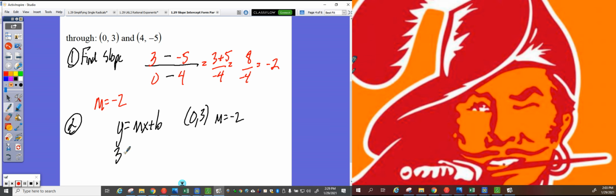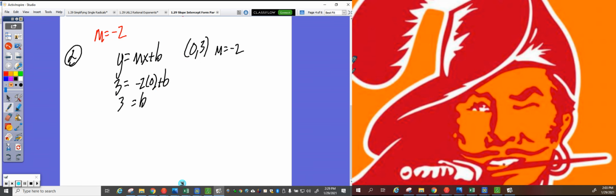So 3 equals -2 times 0 plus b. -2 times 0 is 0. 0 plus b is b, so b is 3. So here we have y equals my slope and my y-intercept.